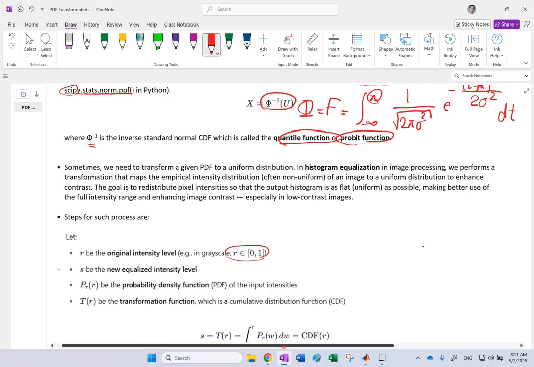If you look at the histogram of any image, let's say from 0 to 1 or 0 to 255, you get some bars. For instance, if my image looks something like this, that means you have a lot more black and dark pixels than bright pixels, so the image is overall a dark image.